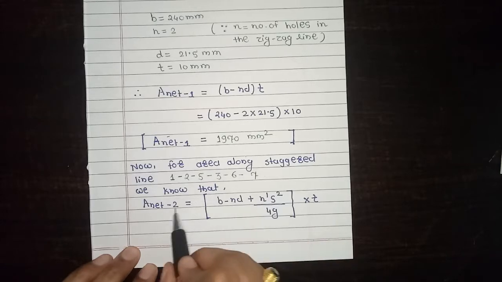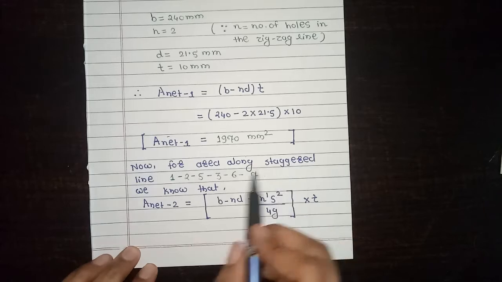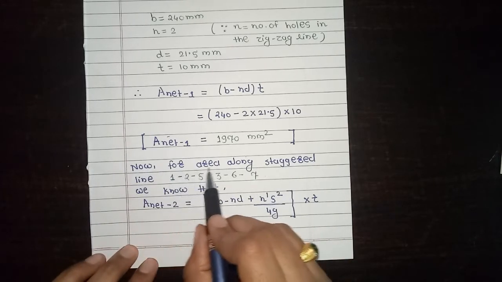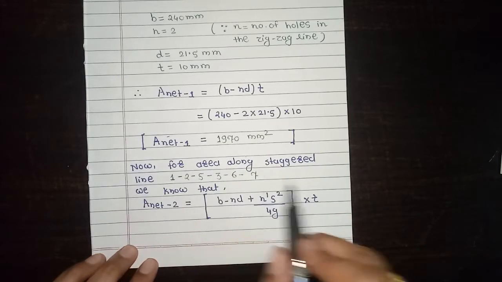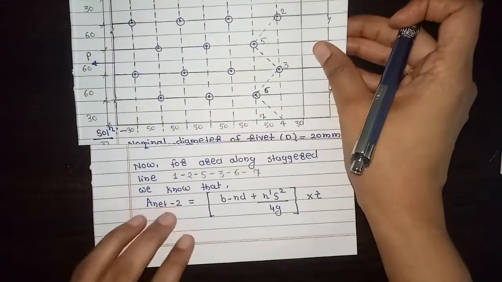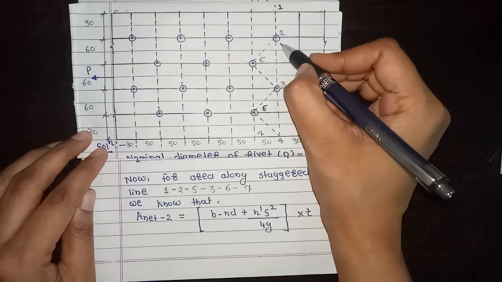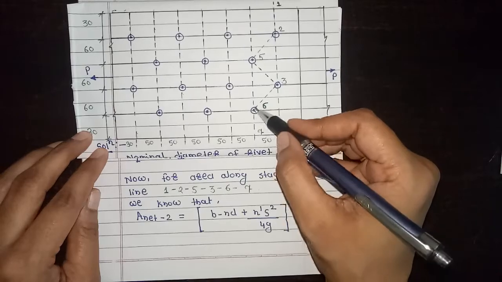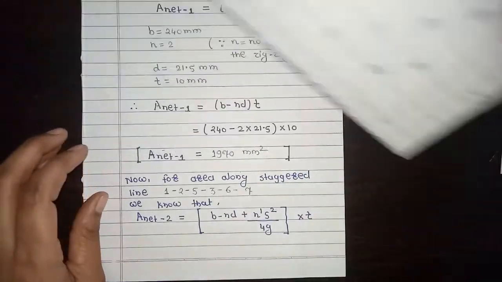So this is the formula for net sectional area for staggered line. See this figure, 1, 2, 5, 3, 6, 7. So this is the staggered line.